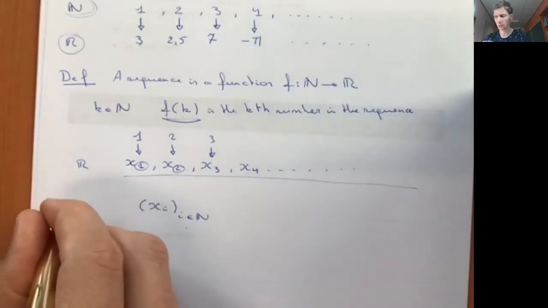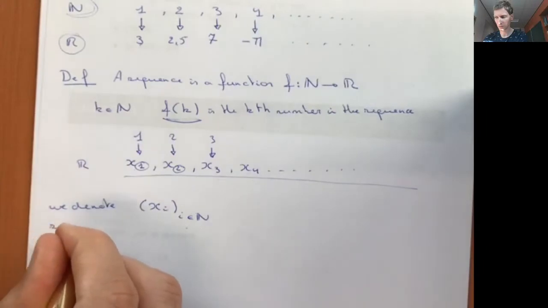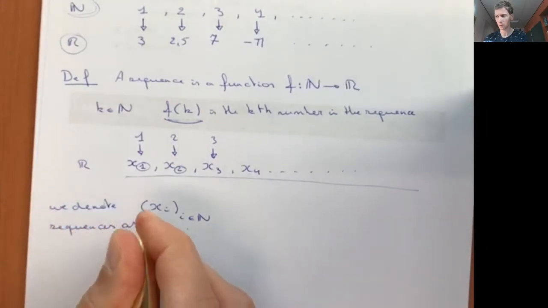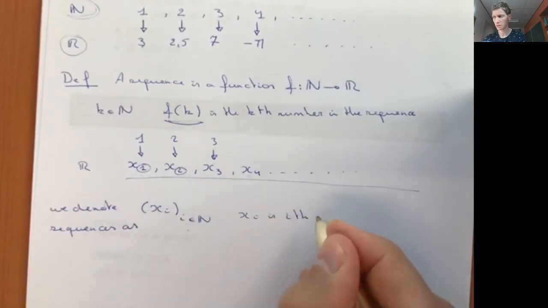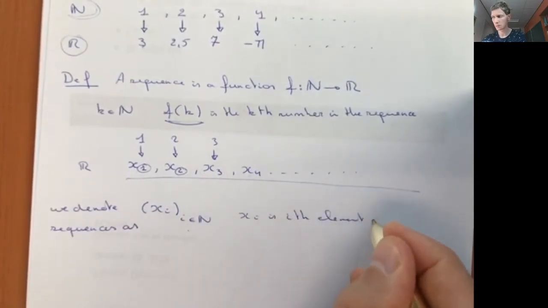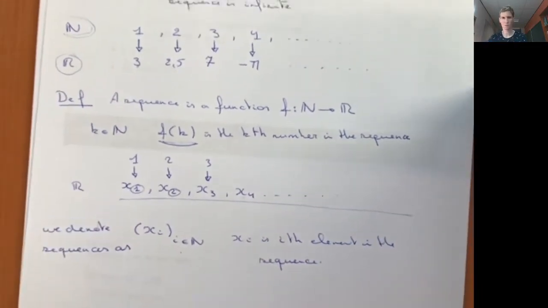So we're going to denote sequences as this, and here x_i is the ith element in the sequence. So this is in terms of notation.